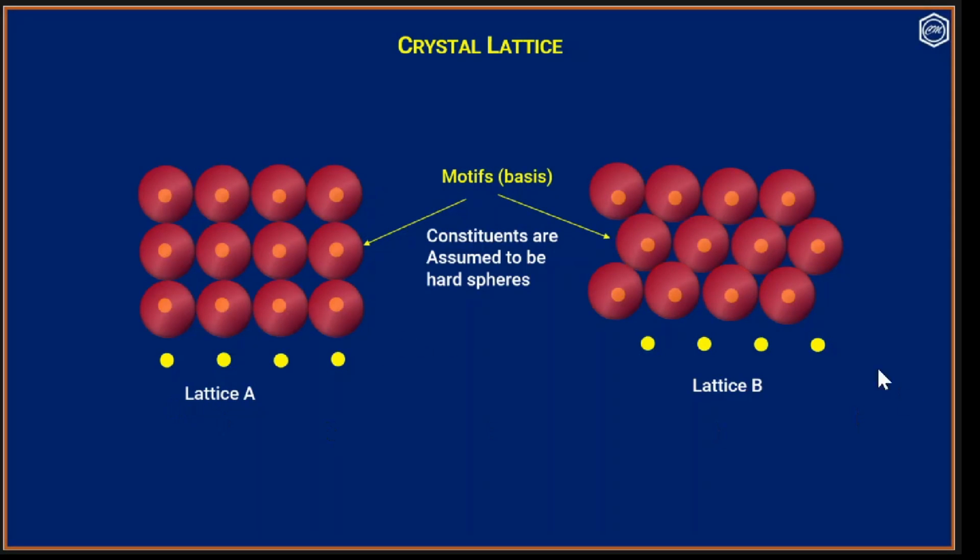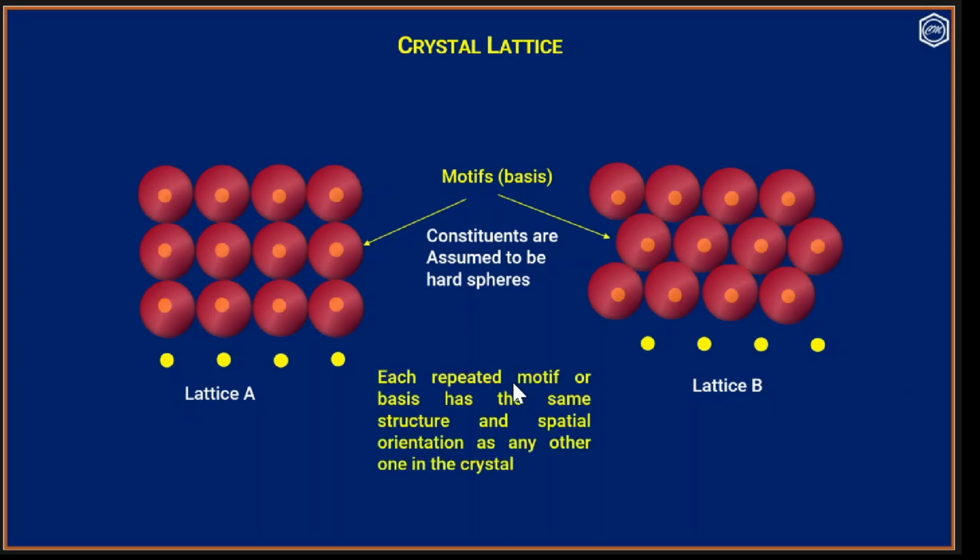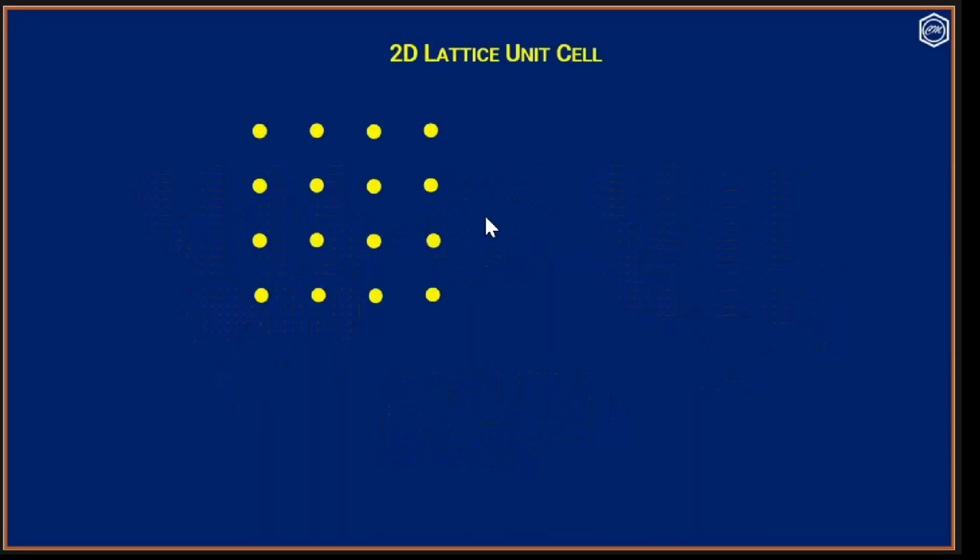So this is lattice A and lattice B. Each repeated motif or basis has the same structure and spatial orientation as any other one in the crystal. By arranging points in this way, I have constructed a 2D lattice.